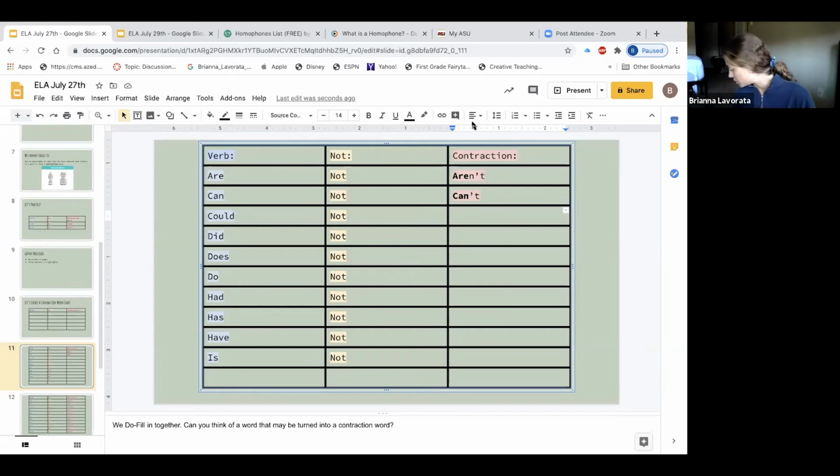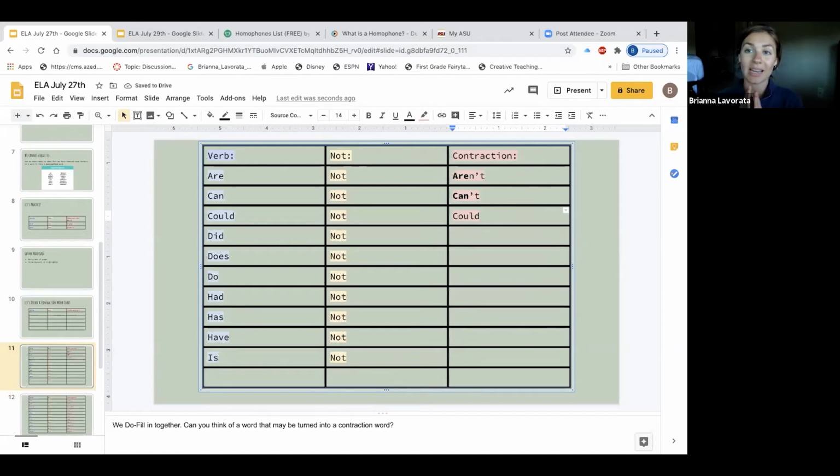Okay, now we are on to our next word. So we have the word could. So, could not. We have could, we have not. We need to combine could not, which becomes couldn't, right? We are going to keep the first part of our word.